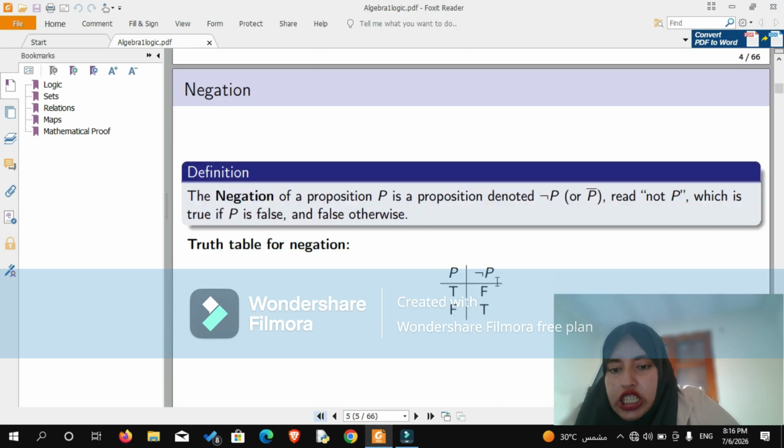Negation. Negation is not P. We denote it with many symbols, like this symbol right here, or P bar, or P^C. C is for complementary, because bar and complementary can be different in topology, and we'll go through that as well, but that's years away.